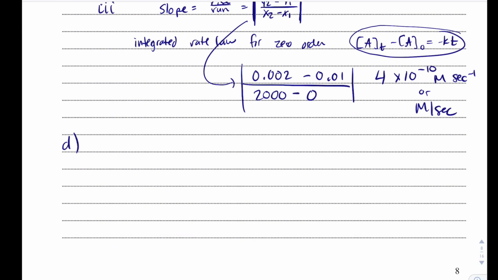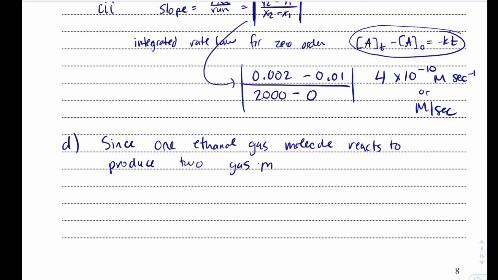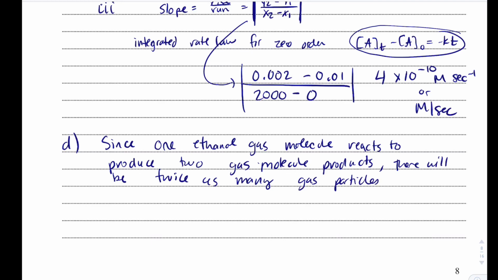So in D, I would say, since 1 ethanol gas molecule reacts to produce 2 gas molecule products, there will be twice as many gas particles if the reaction goes to completion.